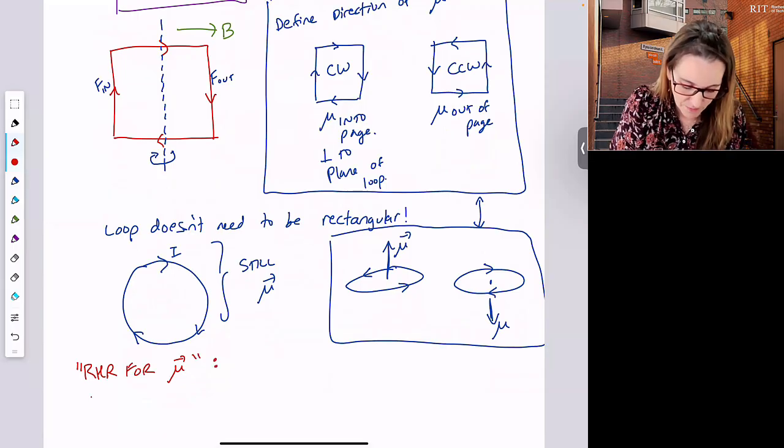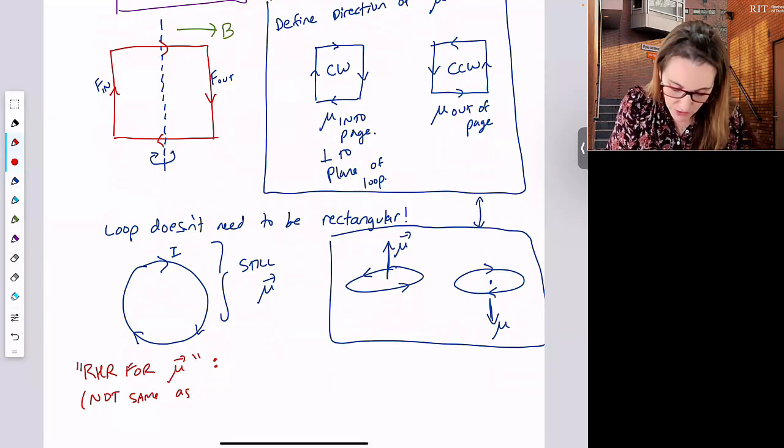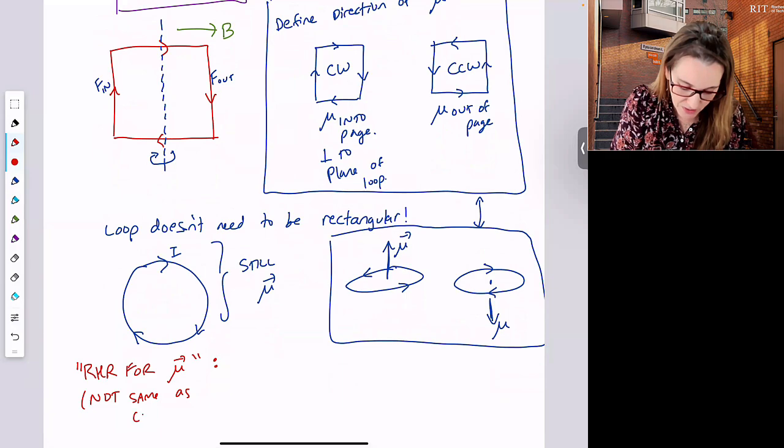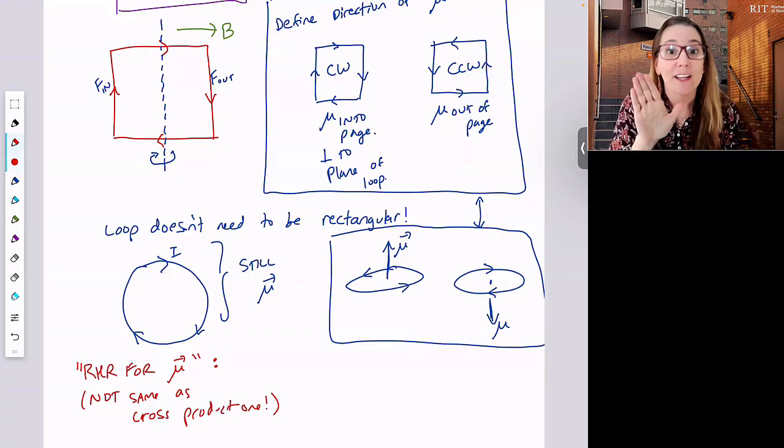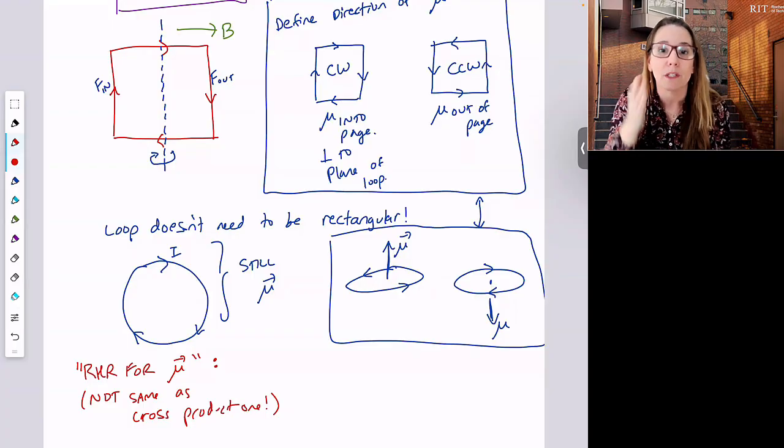It's not the same as the one for torque, or for the cross product. In fact, it's quite different. You take your right hand, and you basically assume that you have arrows on your fingertips and they're curved like this.